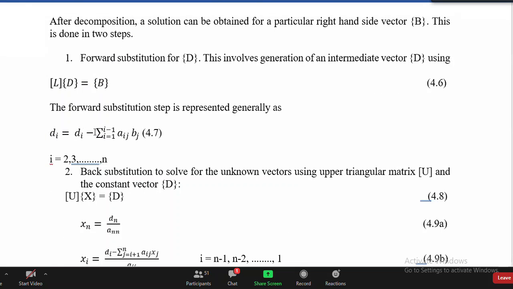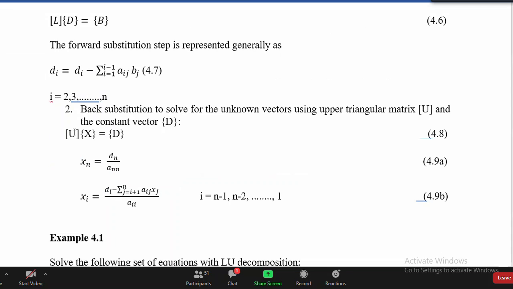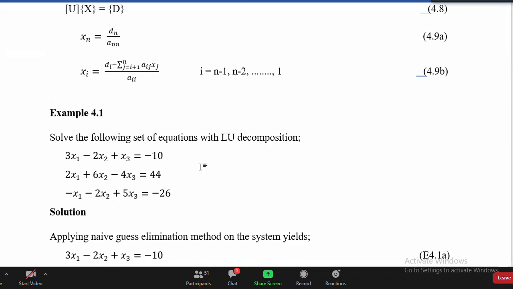And when we finish, we use the D calculated with the upper triangular matrix to calculate the variables x1, x2 down to xn. That is just when we get that one, we'll do back substitution, and then we solve the rest of x. So that is the practice we did here.